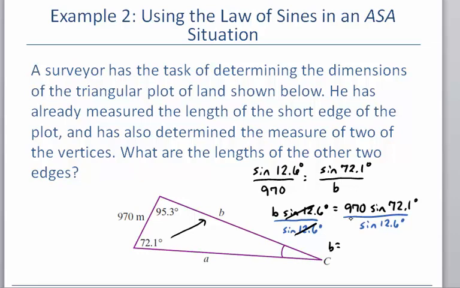So 970 times sine 72.1 and divide that by sine of 12.6. And so that gives me 4231.38. And again, rounding it to a whole number is going to be 4231 meters for side B.